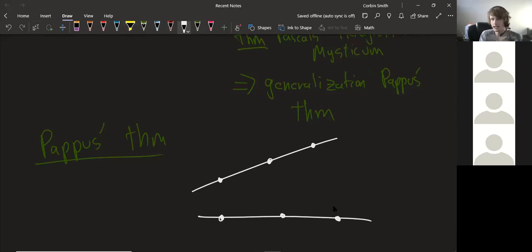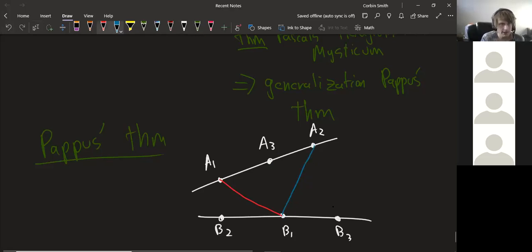And we alternate the labels on the side. So I'm going to call this A1, B1, A2, B2, A3, B3. So this is the idea. You connect A1 to B1 with a red line, and then B1 to A2 with a blue line. If this drawing sucks too much, I'm going to move to GeoGebra. Maybe I should be moving to GeoGebra already, but let's see how it goes.